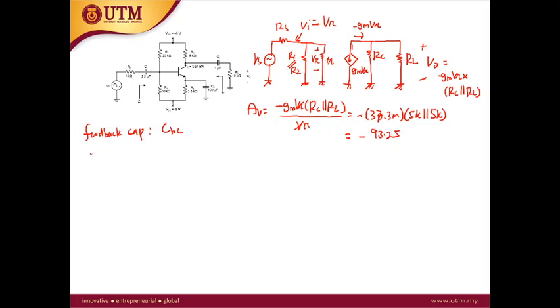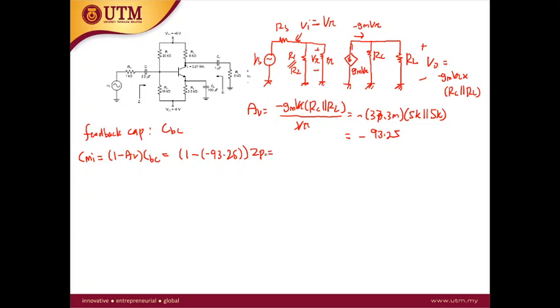So the CBC needs to be converted to the CMI. The CMI is equal to 1 minus AV times CBC. So this is 1 minus minus 93.25 times CBC, which is 2 picofarad.